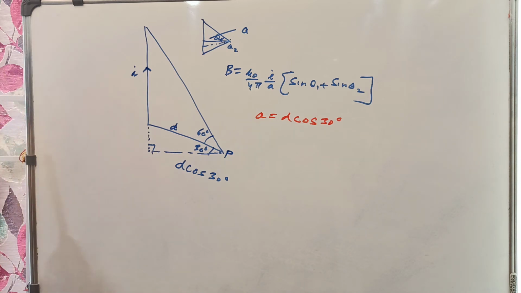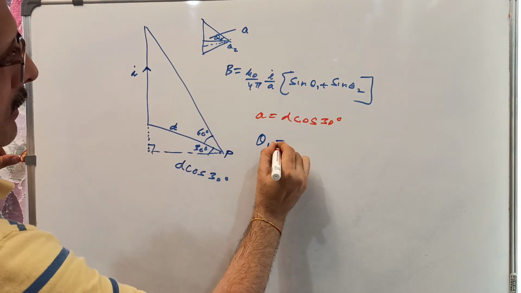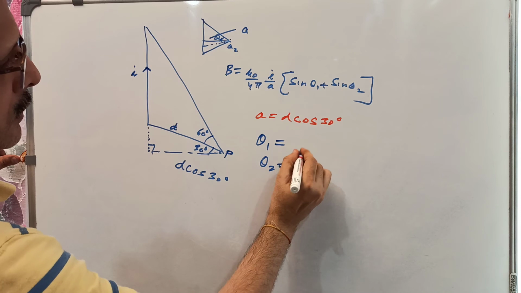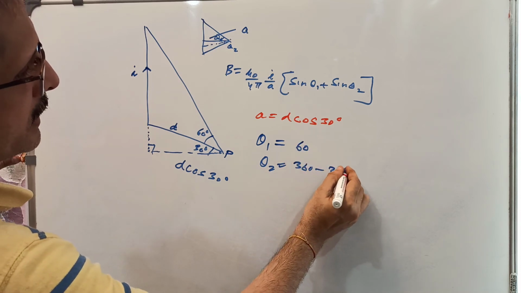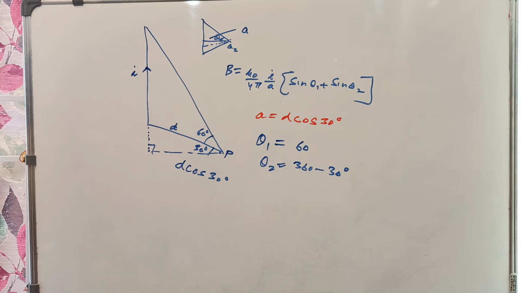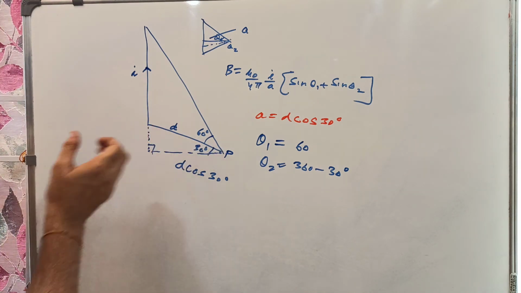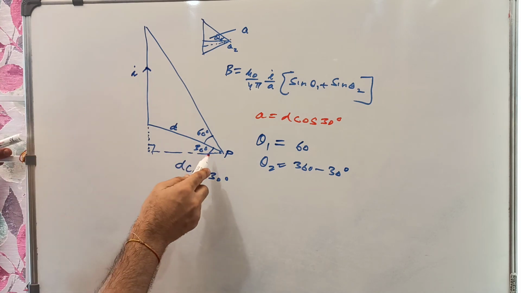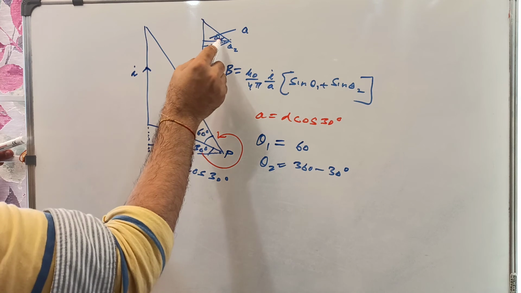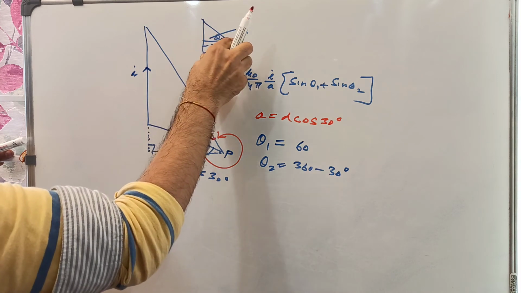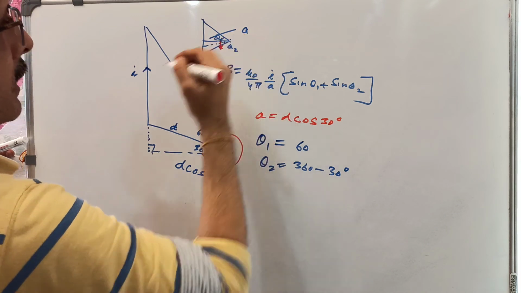Okay, I'm letting you know the answer. So theta 1, theta 2: this is 60, and this would be 360 minus 30. Because this line, basically, I will look from here. If you see this line, I am looking this way.